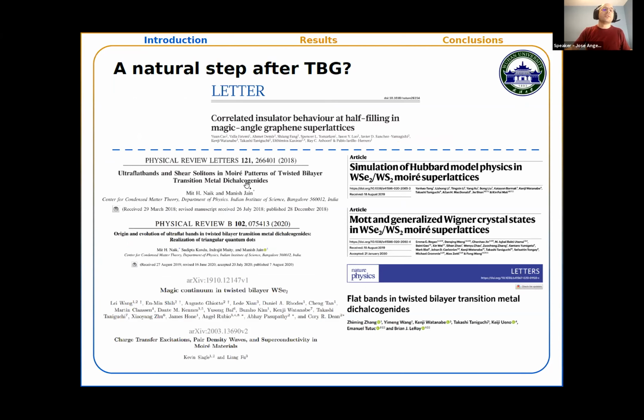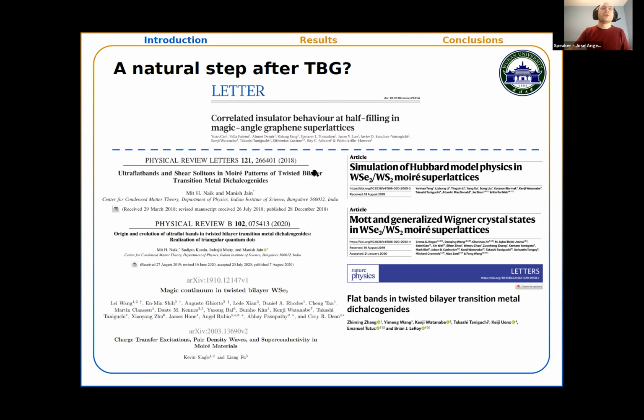Several interesting things have been found, like solitons, simulation of Hubbard model physics in hetero bilayers, and Mott and generalized Wigner crystal states. Of course, also flat bands. They were able to detect flat bands in twisted bilayer transition metal dichalcogenides. Of course, I'm leaving out a lot of papers and works here, so sorry for that.